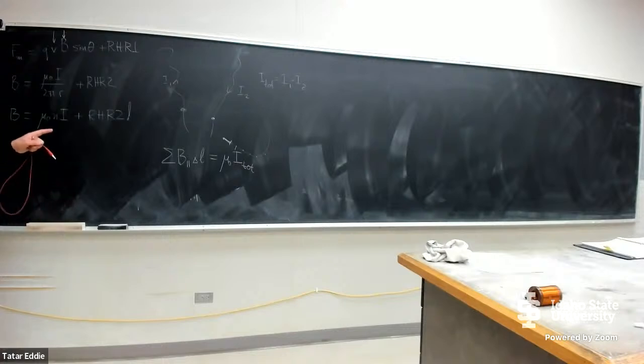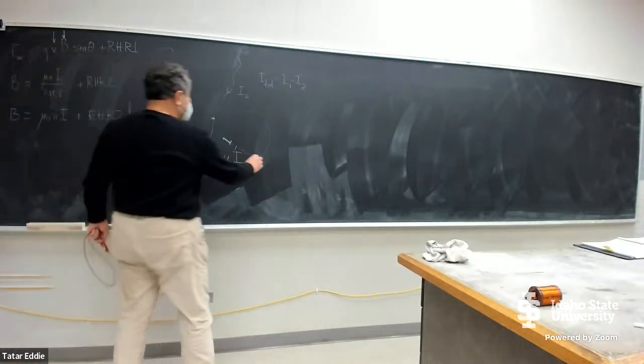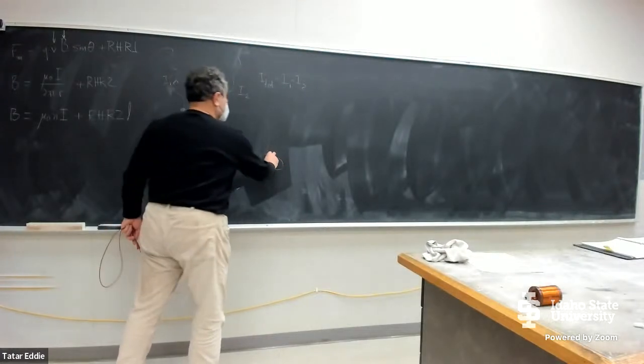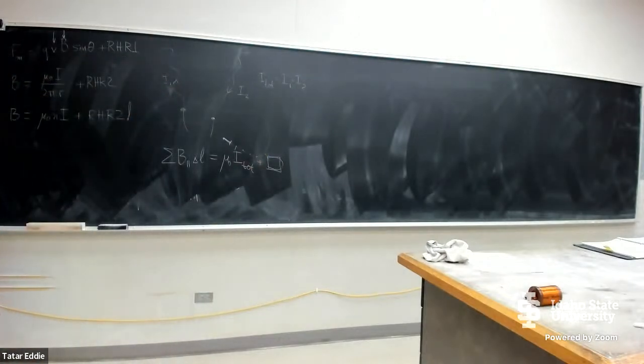Now I have to make a remark that Ampere's law has to be supplemented by a small corrective term, which I'm not going to write. I just will put it as a rectangle there.